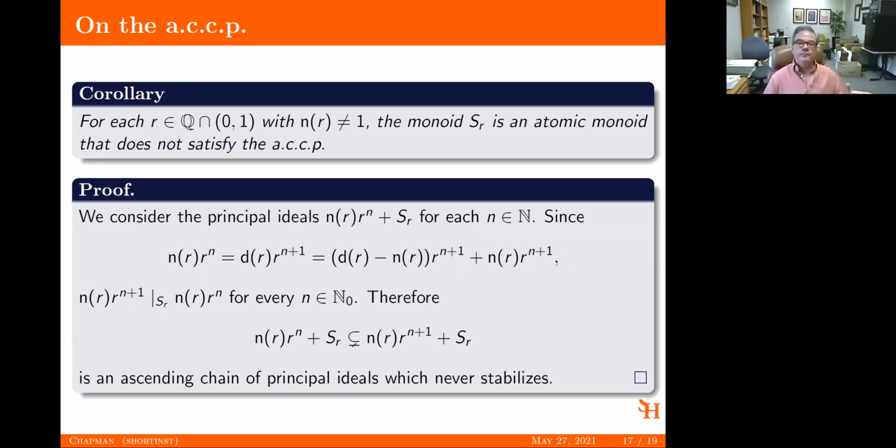Pick an r between 0 and 1, a rational, with numerator not 1, then you get an atomic monoid that does not satisfy the ACCP. So you get a simpler object than the one Graham constructed. And here's the proof. I just wanted to show you the proof is not difficult, but keep in mind that you're doing things here in the additive sense and not the multiplicative sense.